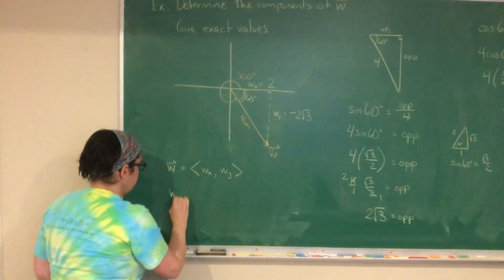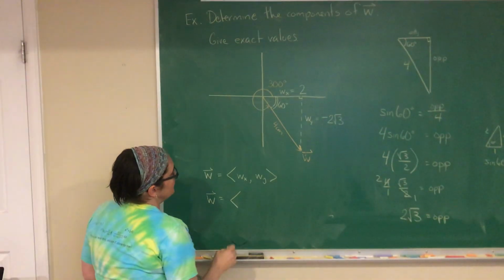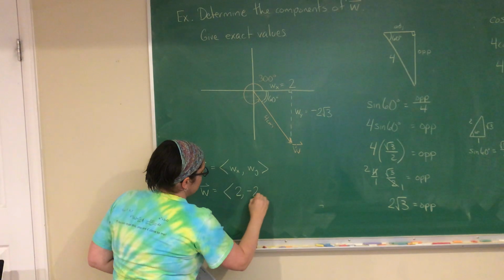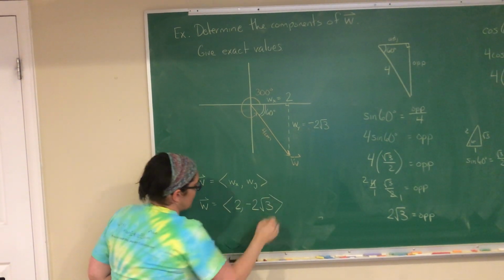So our vector w is the vector 2, negative 2 times the square root of 3.